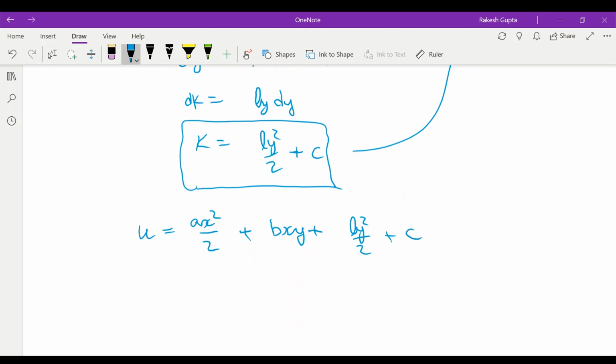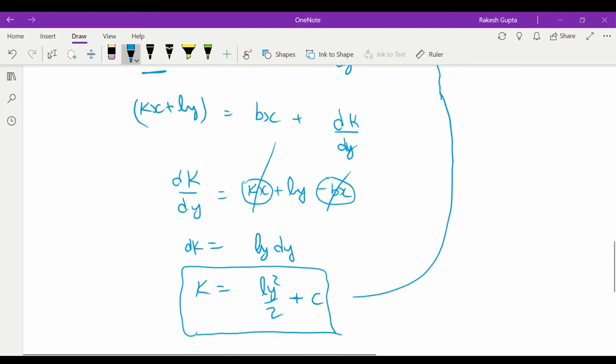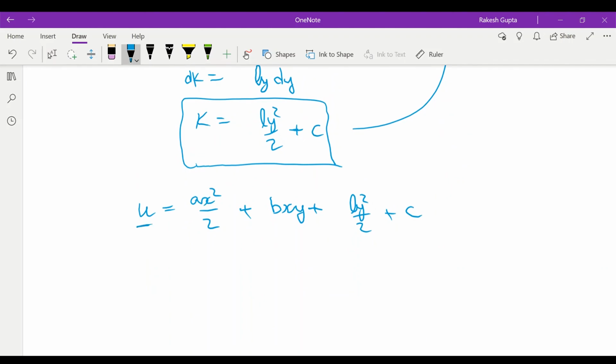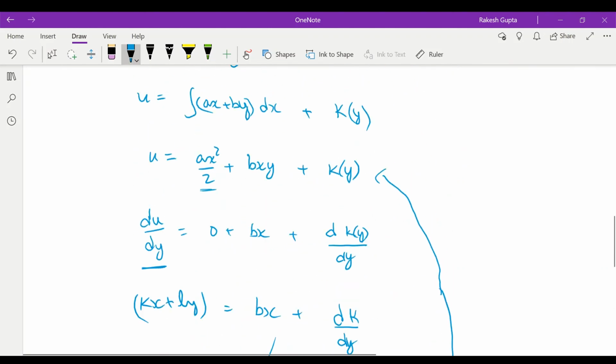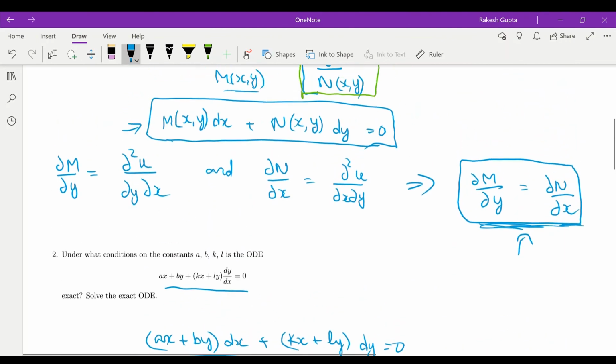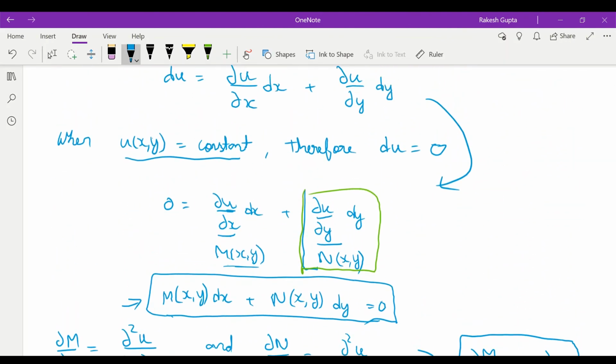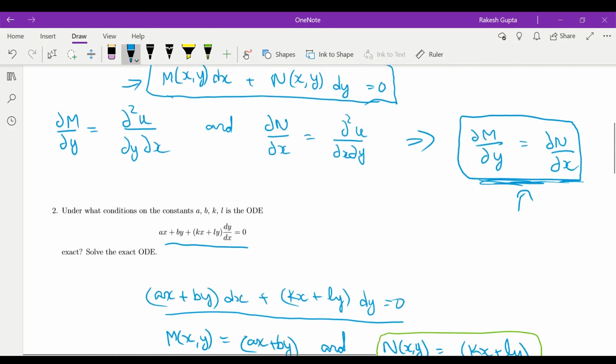Now, if you recall, one of the conditions for it to be an exact ODE is that u of x, y should be a constant.